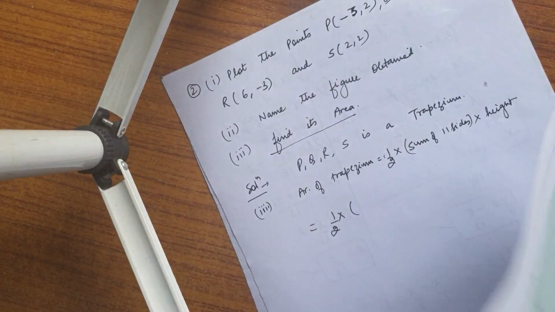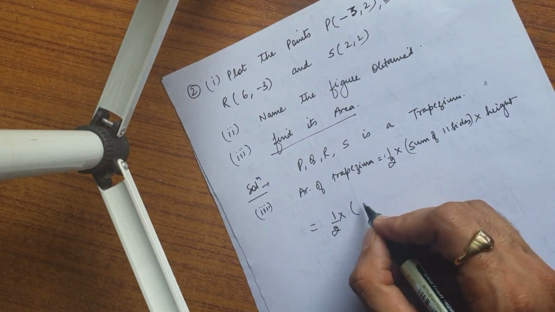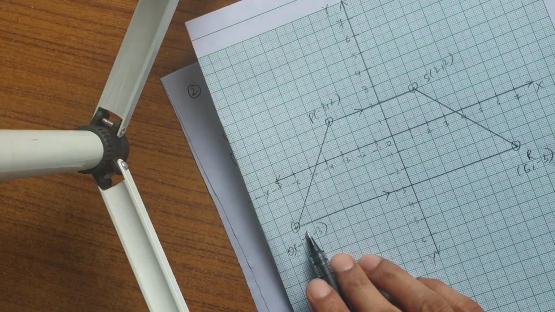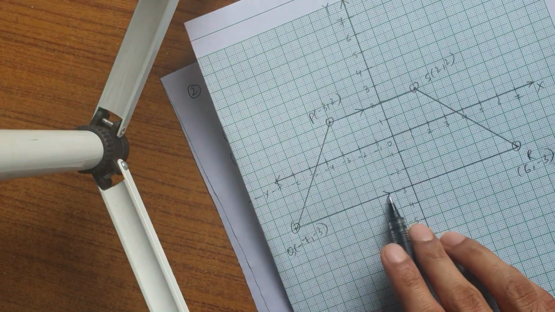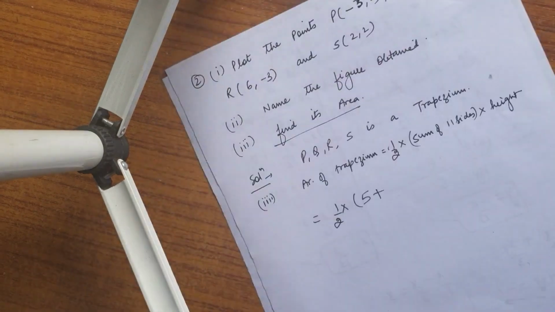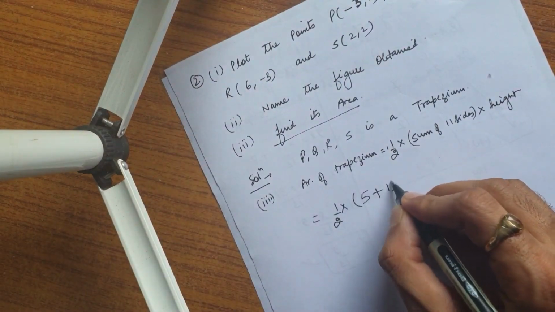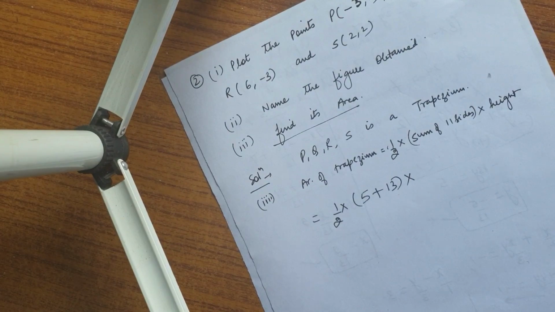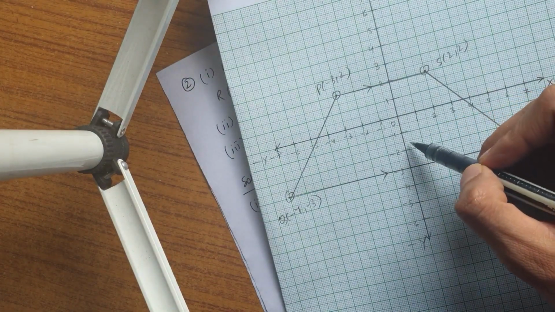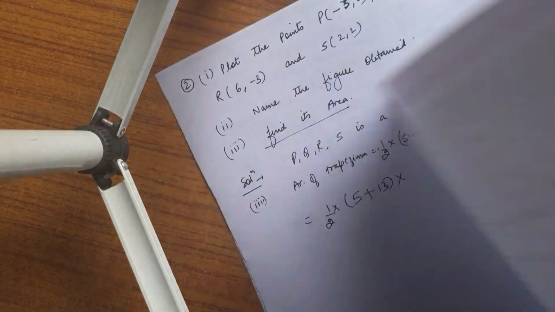PS is 5 units, so that is 5 plus QR 1, 2, 3, 4, 5, 6, 7, 8, 9, 10, 11, 12 and 13 units, into perpendicular height. Height you can see children 1, 2, 3, 4 and 5 units.